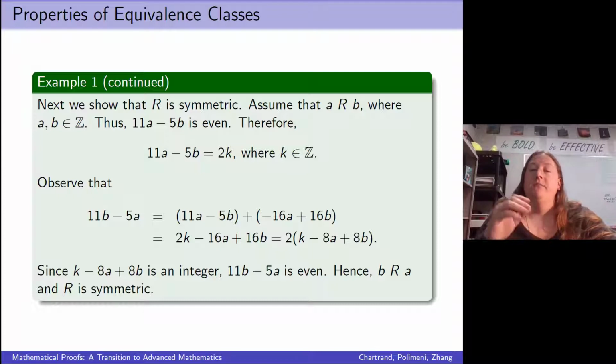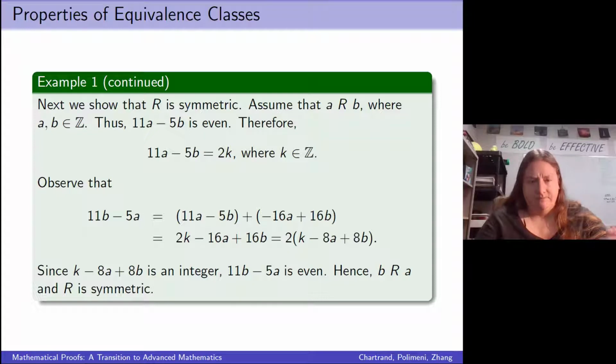So to show that b is related to a, we need to show that 11b minus 5a is even.